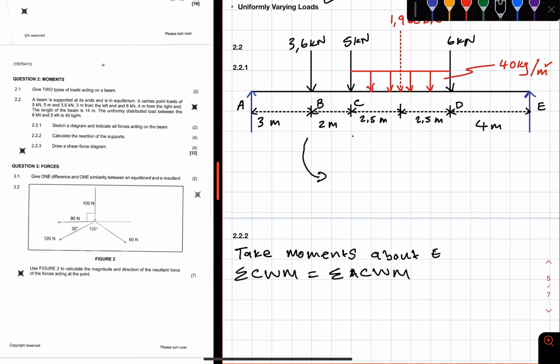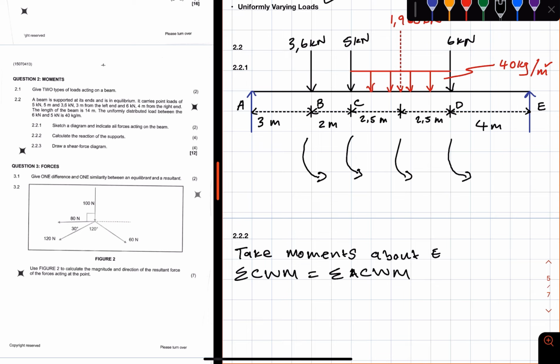The 5 kilonewton force, the same, will tend to go in that direction. The weight of the UDL will also tend to go in that direction. 6 kilonewtons is going downward, and we're taking moments about E. E is this side, so it'll have a turning effect towards E.